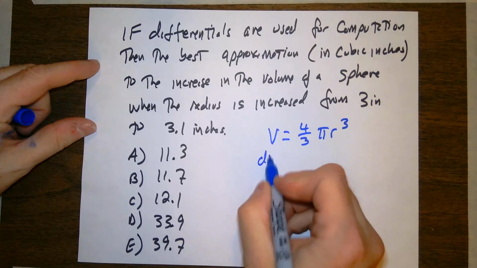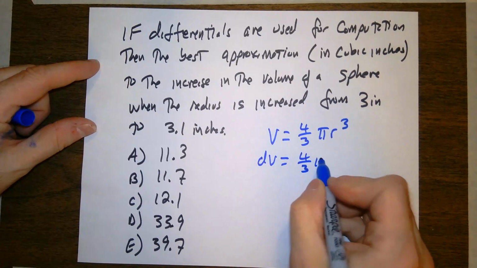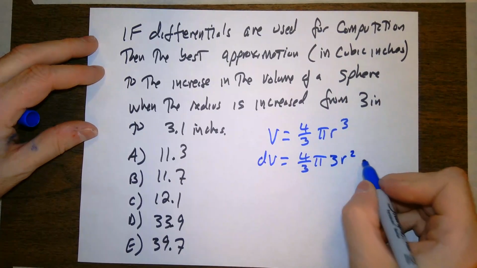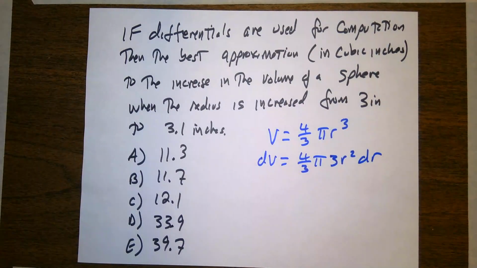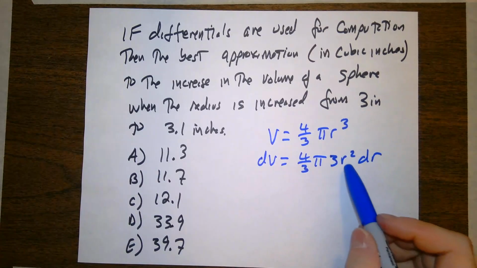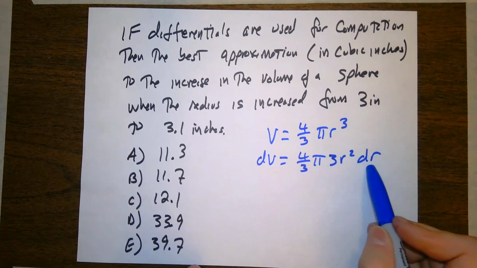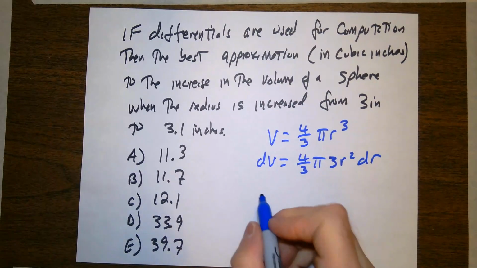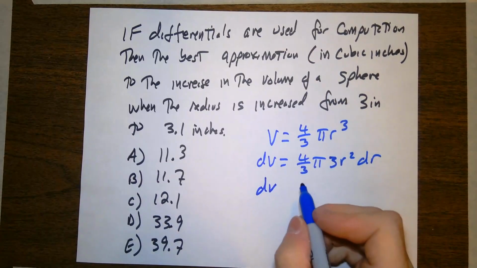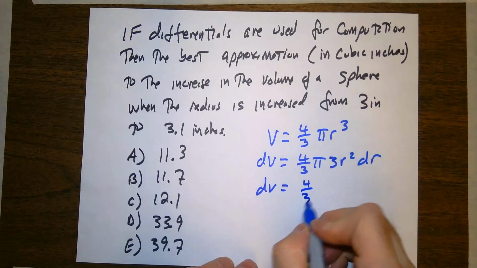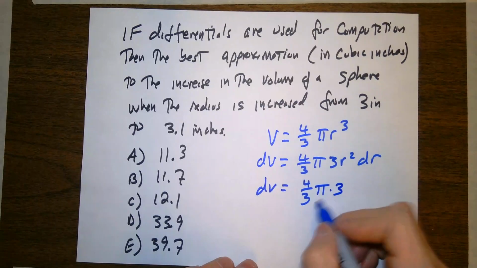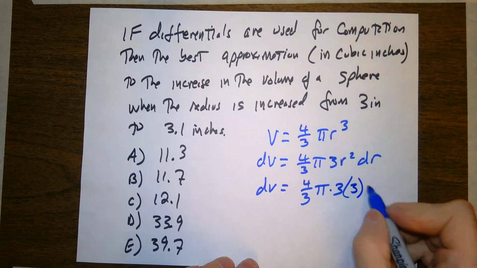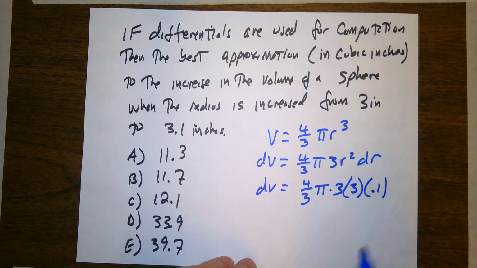I'm going to have dV equals 4/3 pi times 3r squared dr. Now I know what the radius is, and I know the change in the radius. Substituting in here, dV is 4/3 pi times 3. Those 3's are going to cancel. The radius here is at 3, and the dr is 0.1.